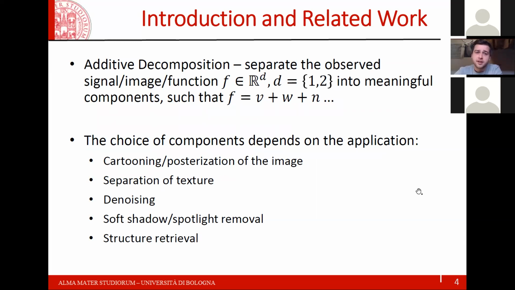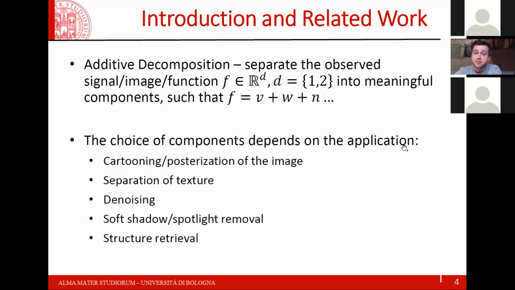For the additive decomposition, the goal or the idea is to separate the observed signal, image or function into some meaningful components, which in addition represent the input signal.